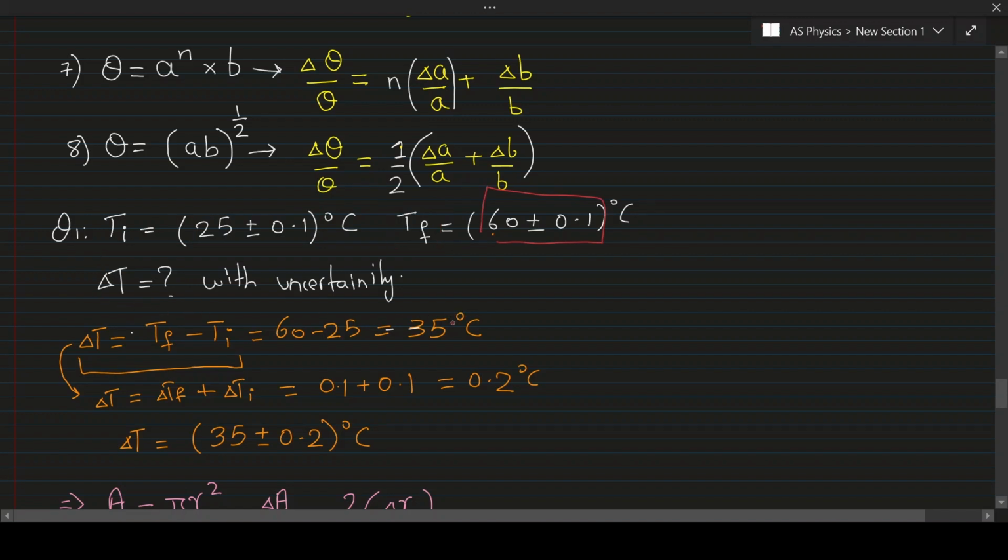Delta T is the change in temperature, which would be calculated as 60 minus 25, that would result in 35. Then we need to find the uncertainty in that change. We know that uncertainty is always added, so we're going to add both. That is our uncertainty in the change.